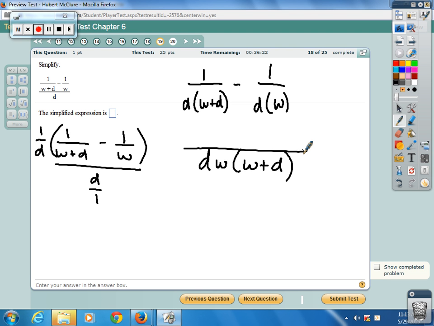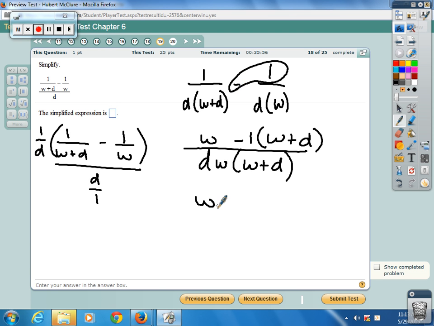W times 1 is W. What's missing here? W plus D. But what's in front of W plus D? Negative 1. Right here. And if you forget that, you might as well not do the problem, because if you forget to distribute that negative, you're not going to have the right answer.